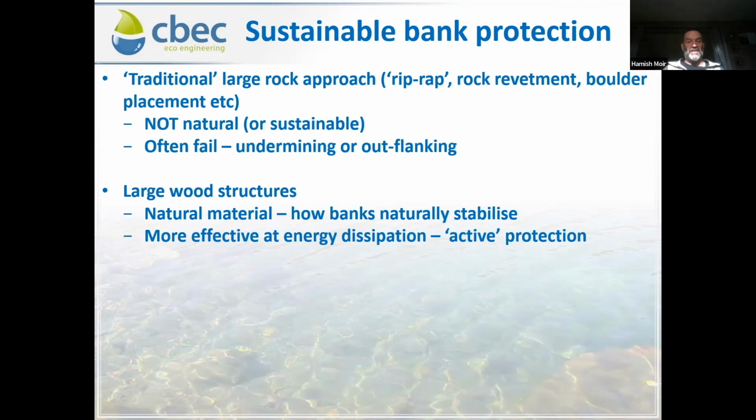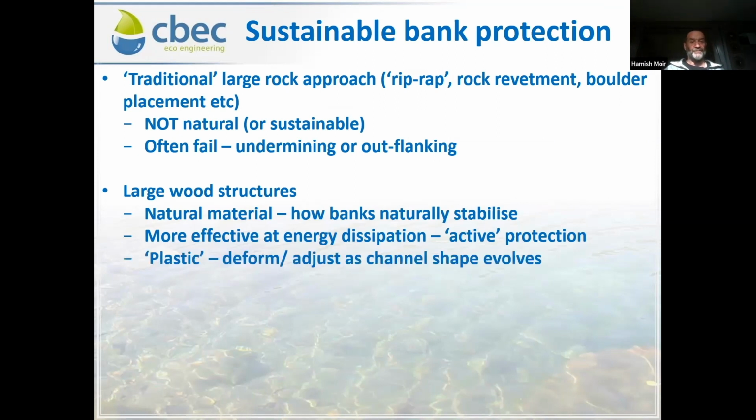And they're more effective at energy dissipation. They don't just deflect the energy to the next bit of bank, because of the root structures that we put into the bank, because of their complex structure and the turbulence processes associated with them. They actively dissipate energy. They're actively protecting. They're not just bouncing the energy off elsewhere.